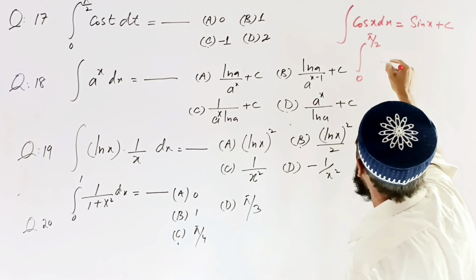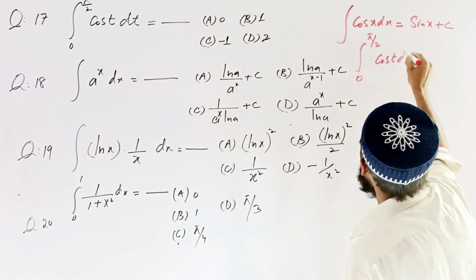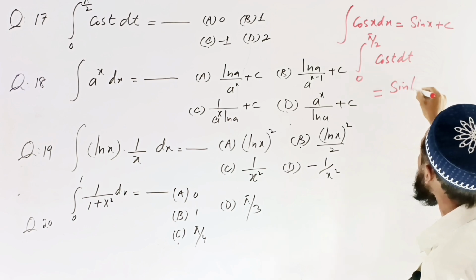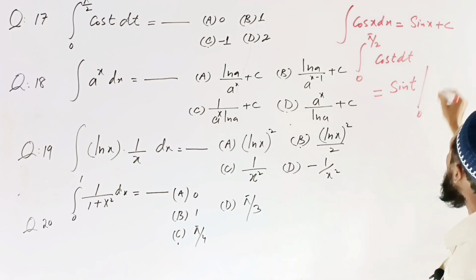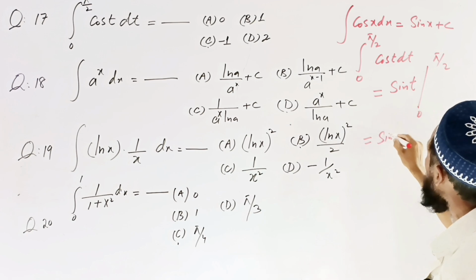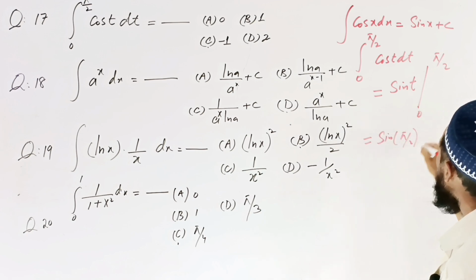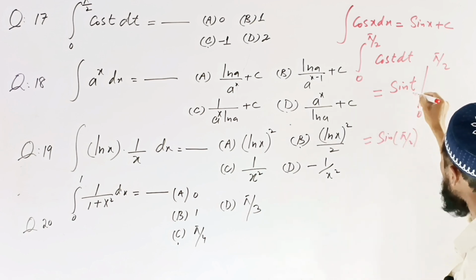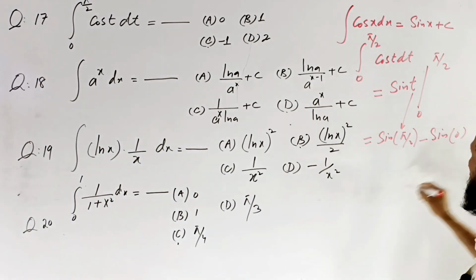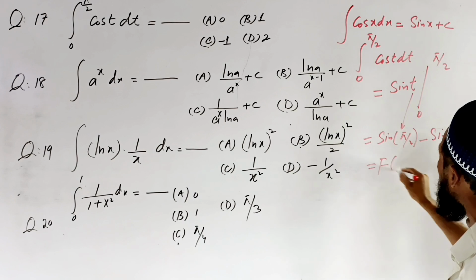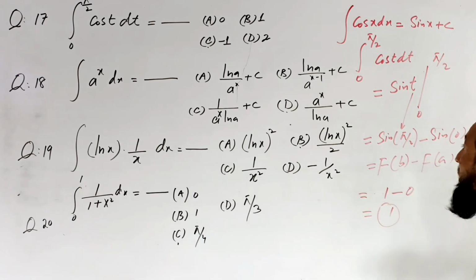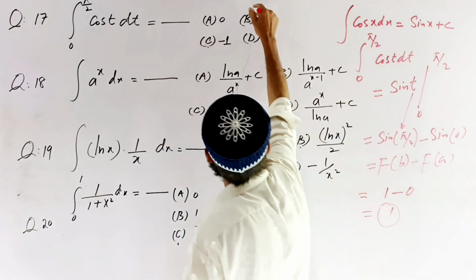So according to this formula, we write sin t and put the limit pi by 2. The result is sin pi by 2, replacing t with pi by 2, then subtract sin 0. This is the formula for the upper limit minus the lower limit, f of b minus f of a. The result is B, the correct option.